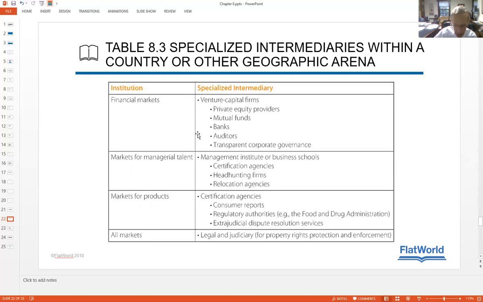They're all equally important. Markets for management talent, not as important as often as in the financial markets. Markets for products, no doubt about it. Intermediaries certainly are often important, and certainly in legal and regulatory domains, we often need intermediaries.